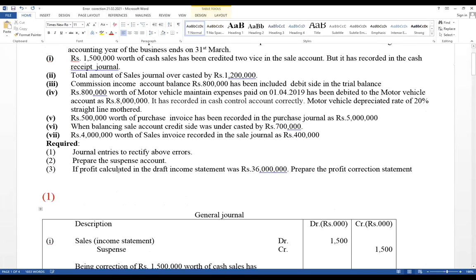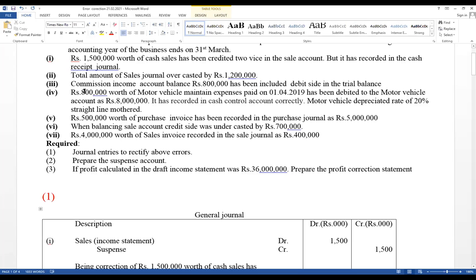Right, the fourth one is very, very important. Read carefully. There are 2 entries we have to consider. First one: rupees 800,000 worth of motor vehicle maintenance expense paid on 1st April 19 has been debited to the motor vehicle account as 8 million.